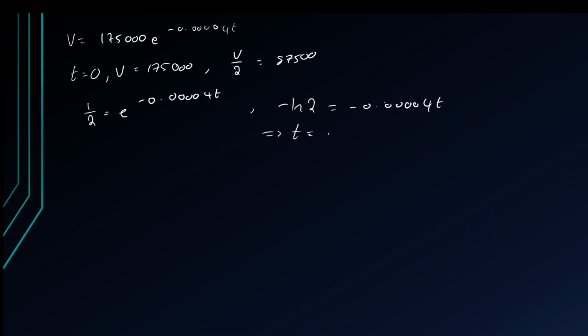So t is natural log of 2 over 0.12344, which is 17,328. T is in days, so to get it into years, we divide by 365, which is 47 years. It opened in 2010, so adding another 47 years gives the year 2057.